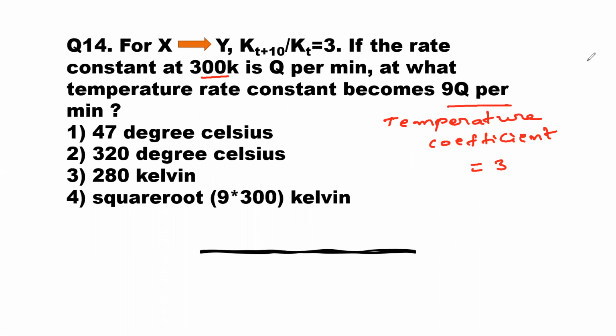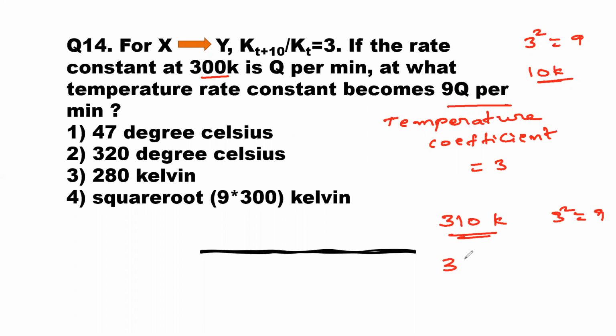Since 3 square is equal to 9, it should be a 10 kelvins rise of temperature. So from 300 it should increase to 310 kelvins. So definitely the answer should be 310 kelvins. For 310 kelvins only, it becomes 3 square, which is equal to 9. But they have not given 310 kelvins, so convert 310 kelvins to degrees C. Let us see. So 310.